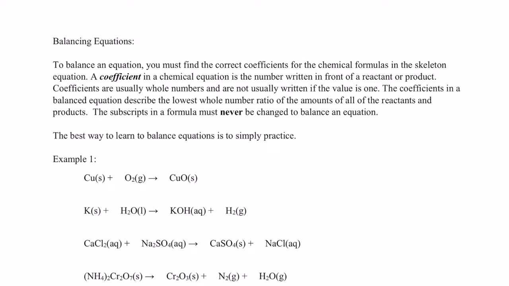Balancing chemical equations. To balance an equation, we must first find the correct coefficients for the chemical formulas in the skeleton equation. A coefficient in a chemical equation is the number written in front of the reactant or product. Coefficients are usually whole numbers and are not usually written if the value is 1.